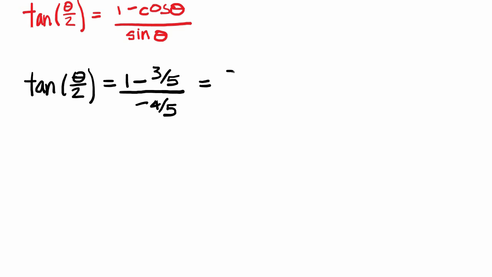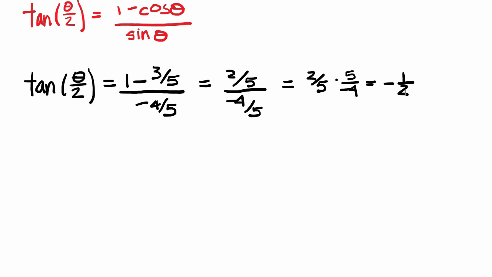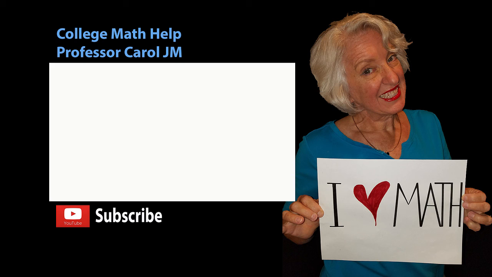So that's going to give me 2/5. 5 minus 3 is 2/5 in the numerator, divided by minus 4/5 in the denominator, multiplied by the reciprocal, and I will get 2/5 times 5 over minus 4, and that's going to be negative 1/2. And that's the exact value of the tangent of theta over 2.